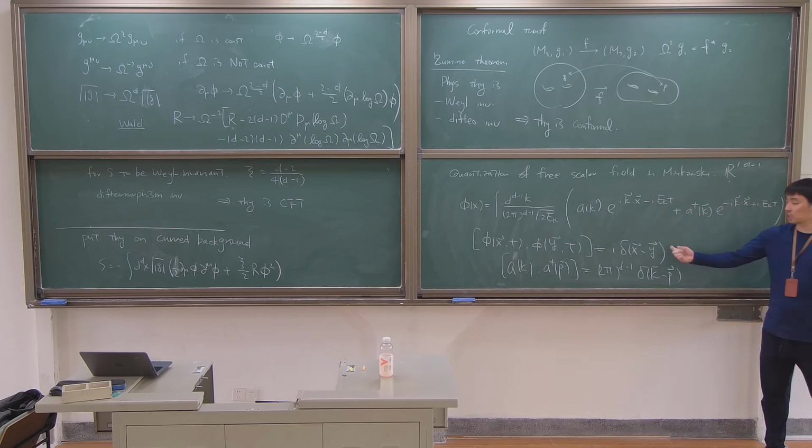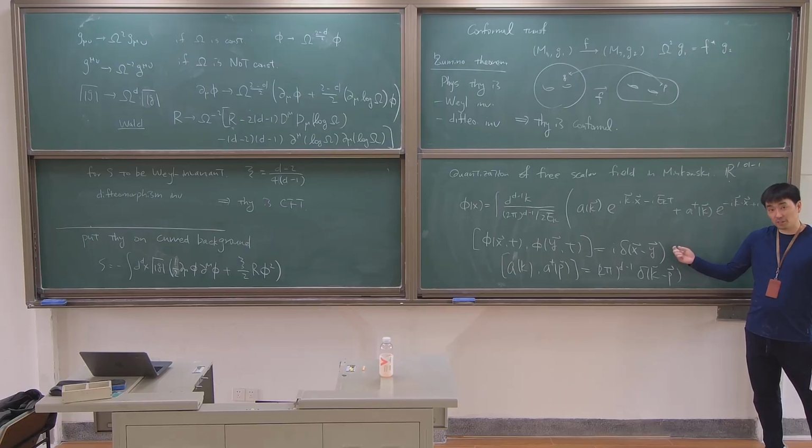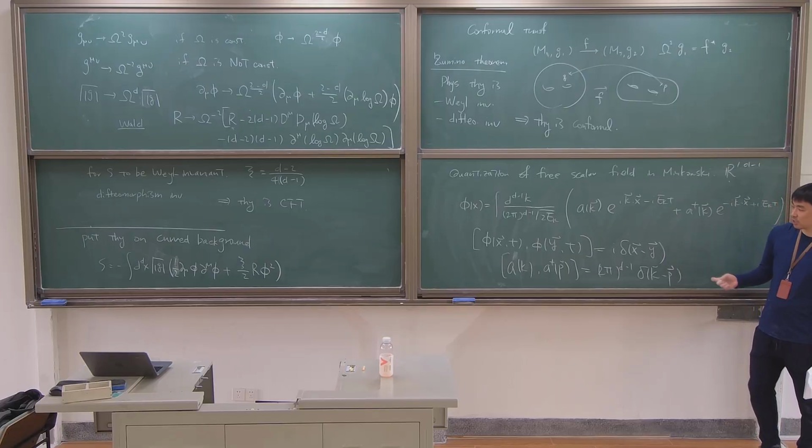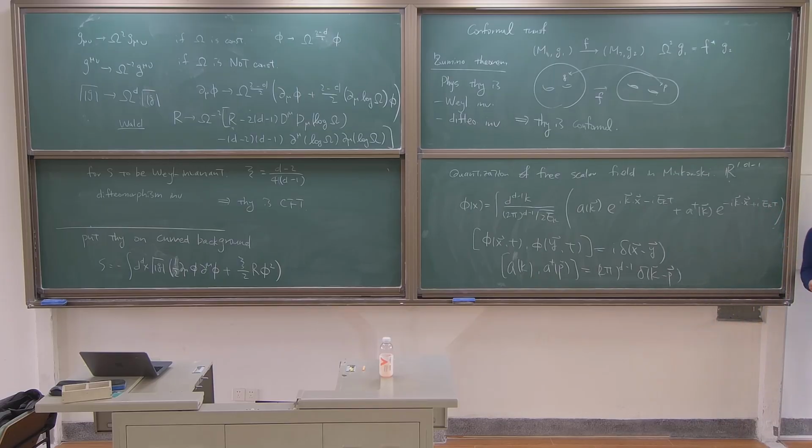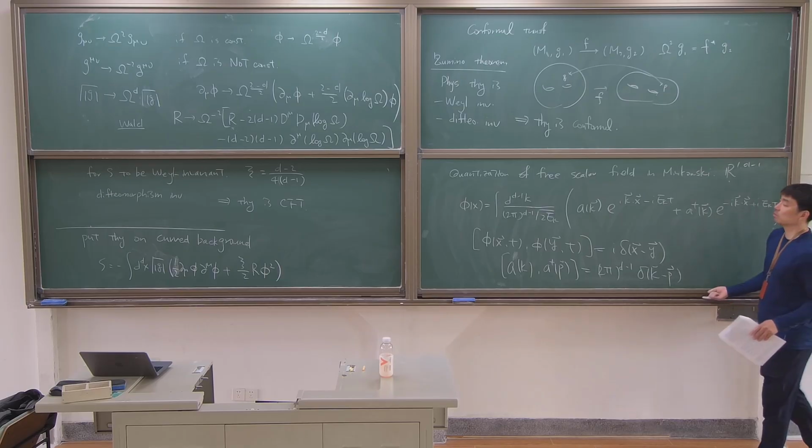So this is the space coordinate quantization, and this is the momentum quantization. They are just related by Fourier transformation and vice versa. Okay, so that's what you learned.